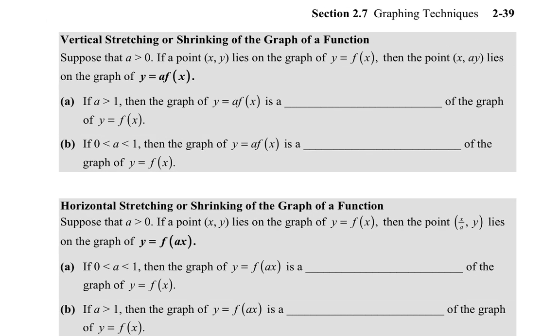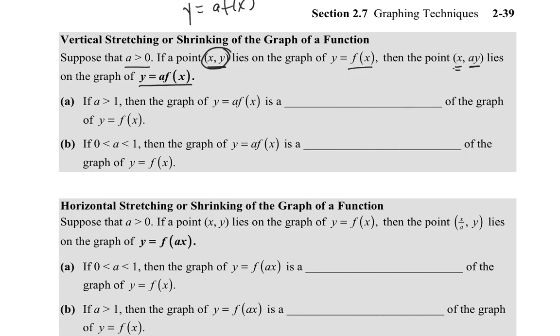So suppose that your A, remember I said that y is A times f of x, okay? So if A is greater than 0 and you have some point x, y that lies on the graph of your original function, then if you leave x alone but you multiply the y value by A, you're going to get this function.